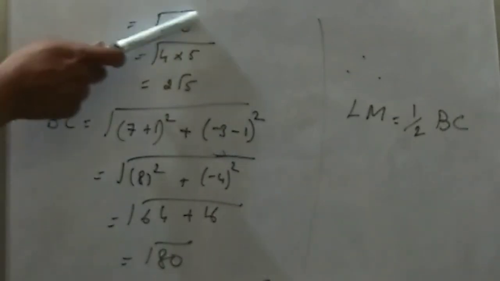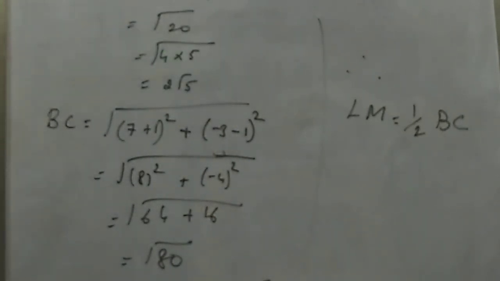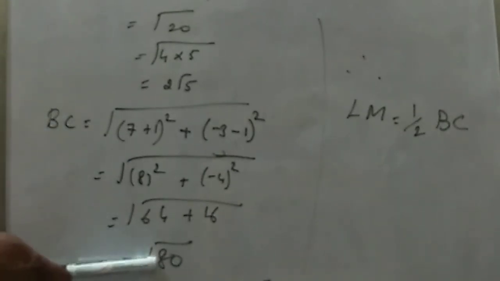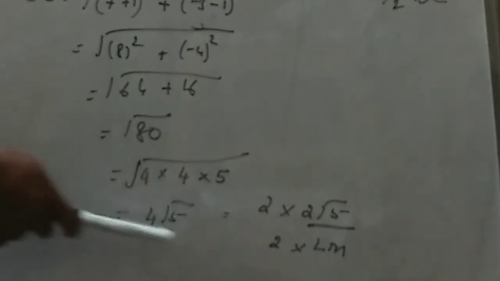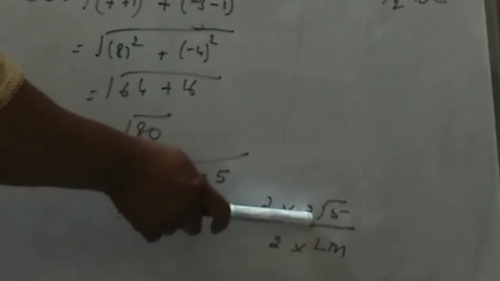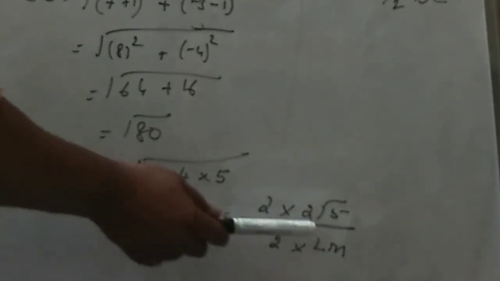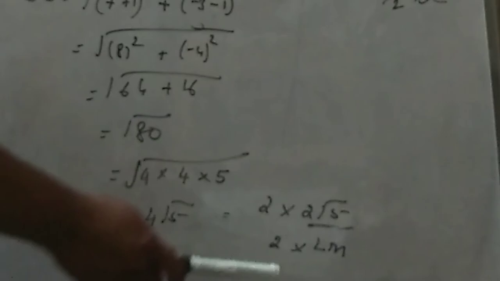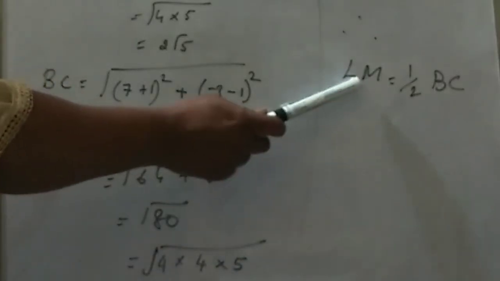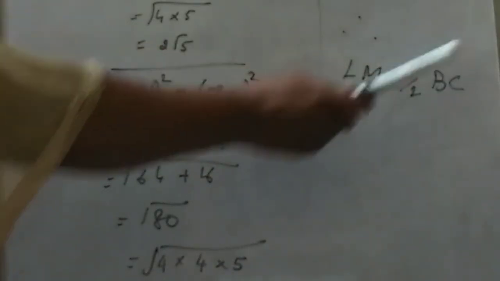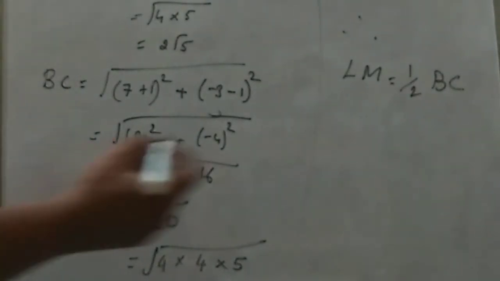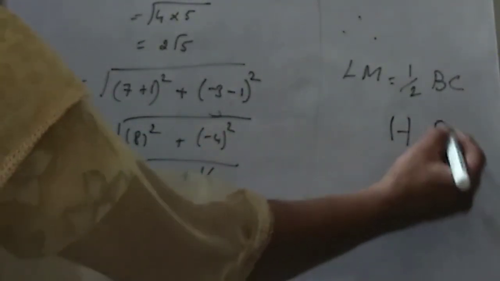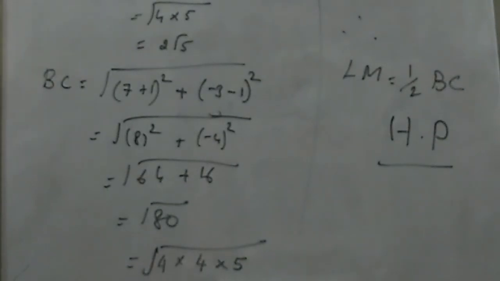So under root 20 you will get, that is 2 under root 5. Then BC you have to find out. BC you got under root 80. It can be written 4 under root 5. This 4 under root 5 can be written as 2 into 2 under root 5. So this 2 under root 5 is LM. So write 2 into LM. Then LM is equal to half BC. Hence proved.